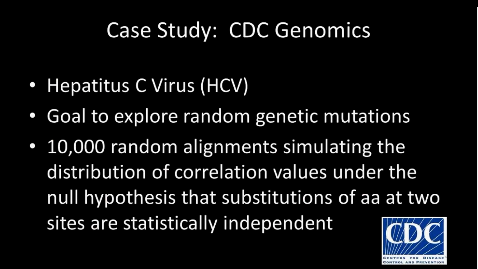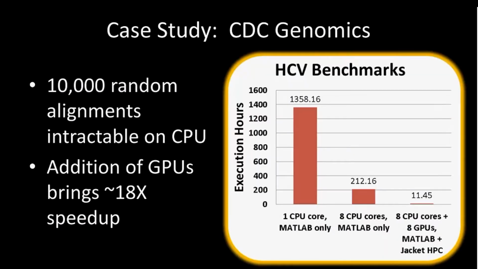So essentially what this boiled down to in their code is they have a for loop with 10,000 iterations, where in each iteration they have a random sequence that they're then trying to correlate with the known virus sequence.